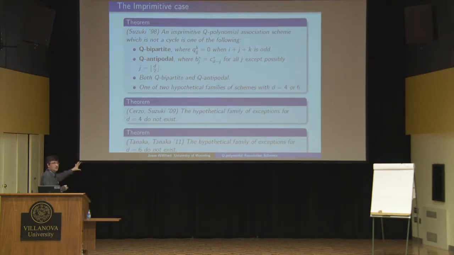So this theorem is now complete, that imprimitive Q-polynomial schemes have to be Q-bipartite or Q-antipodal. Okay, so or both. So once again, we have three flavors, but it's not a combinatorial definition. I don't have a nice statement for you right now as, like, distance d is an equivalence relation or whatever.